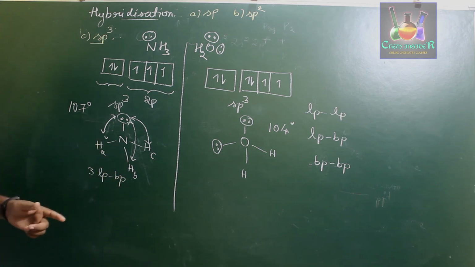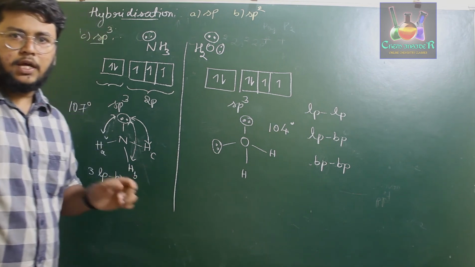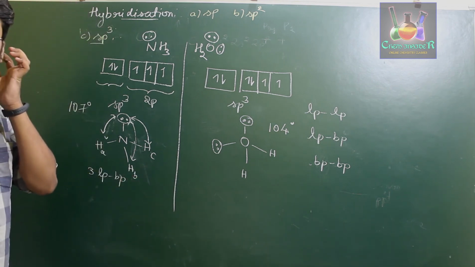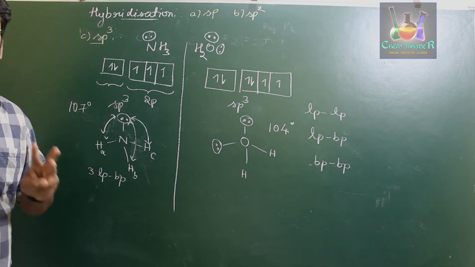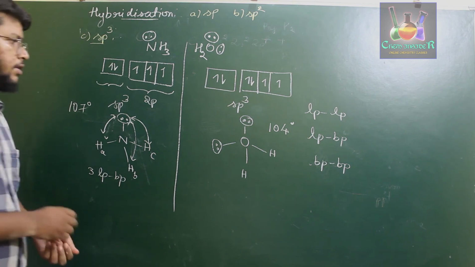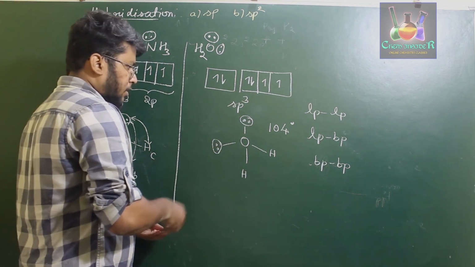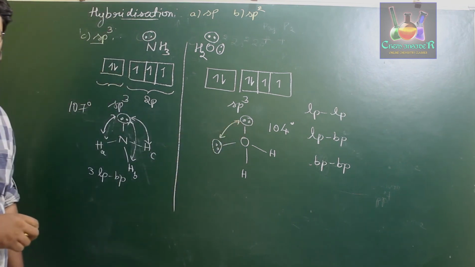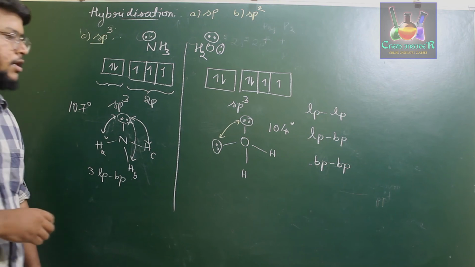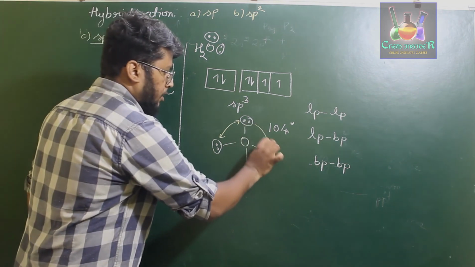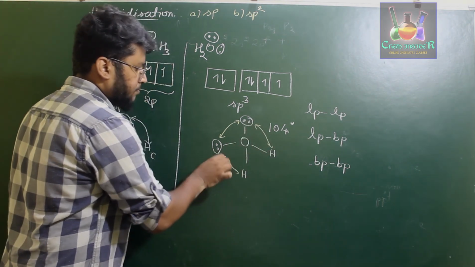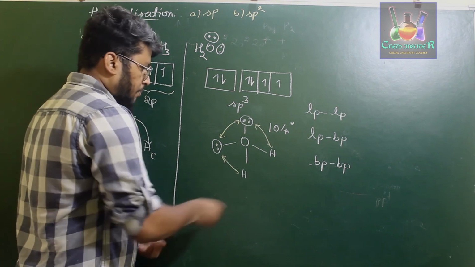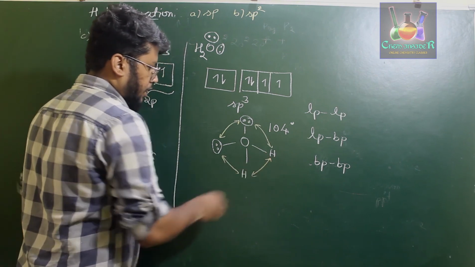In the case of oxygen, since there are 2 lone pairs of electrons, 3 types of repulsion happen: lone pair-lone pair repulsion between these 2 lone pairs, lone pair-bond pair repulsion between the lone pairs and the 2 bonds, and bond pair repulsion between the 2 hydrogens.